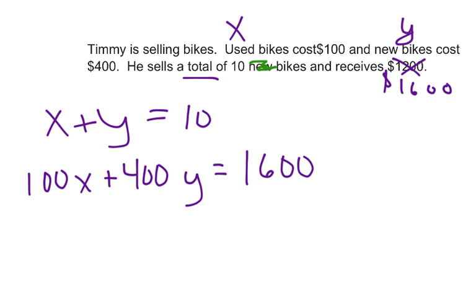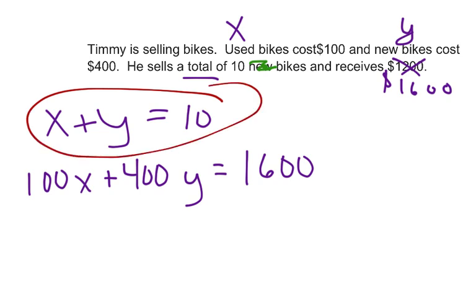And he's going to get a revenue of $1,600. So you're looking at this and you go, oh, okay, that's something I could probably guess and check at, but we think linear, so that's why it's easier for us to do. But again, the fact that we have a known total gives us a total equation, and then we also have two different variables here, used bikes and new bikes.